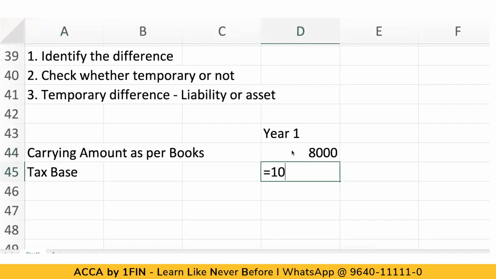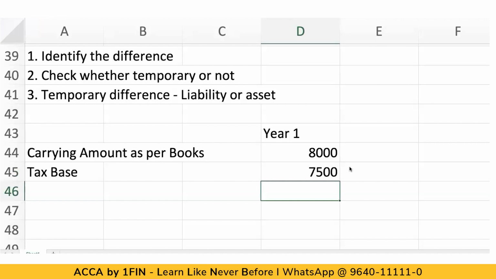Tax base, 10,000 minus 2,500, it is 7,500. So take the carrying amount as per books, take the tax base, then you calculate the difference. And based on the difference, you will identify whether it is a deferred tax asset or a liability.